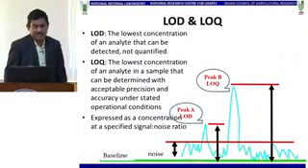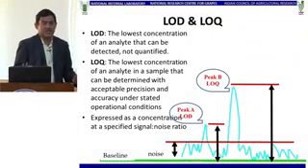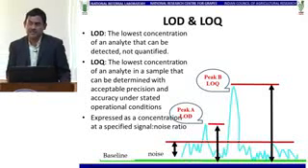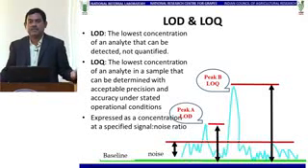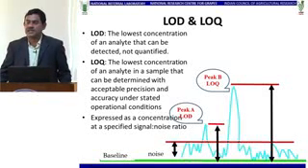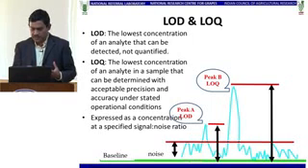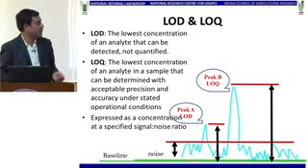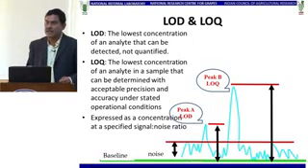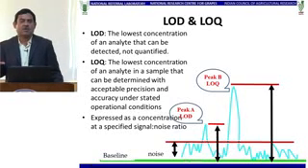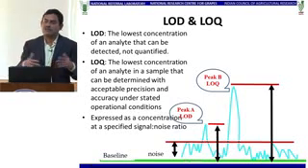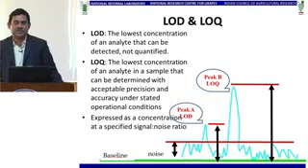Then next important is the limit of quantification. LOD and LOQ are the two important things, and you should know that limit of detection is basically an instrument parameter. You try to get as low as possible, and for that we need to know what the noise level is and what the signal level is.